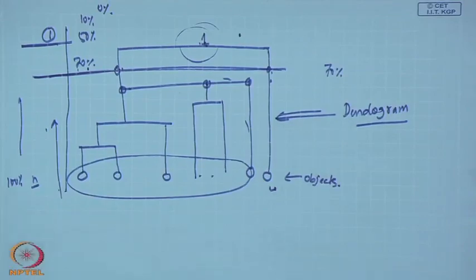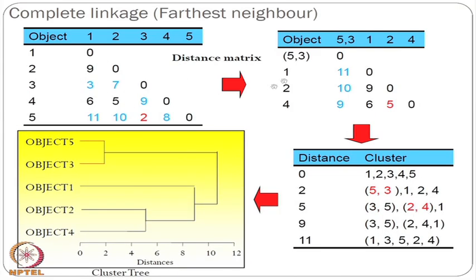Okay. So, then you see that we will go for complete linkage with the same example, and you see that the process steps are similar except for the calculation of the distance measure. The distance will be here the maximum distance between the members of the 2 groups.